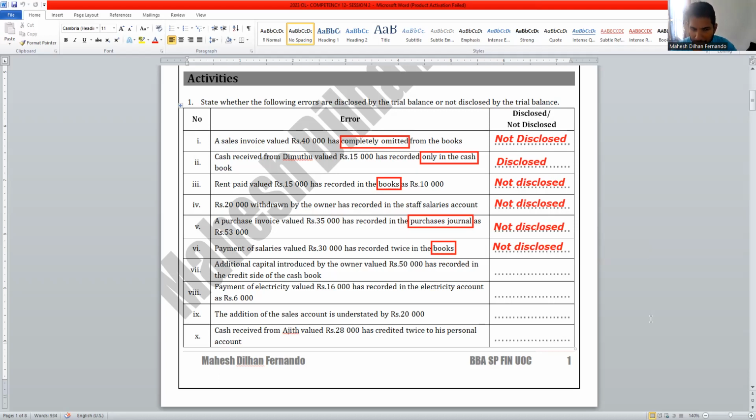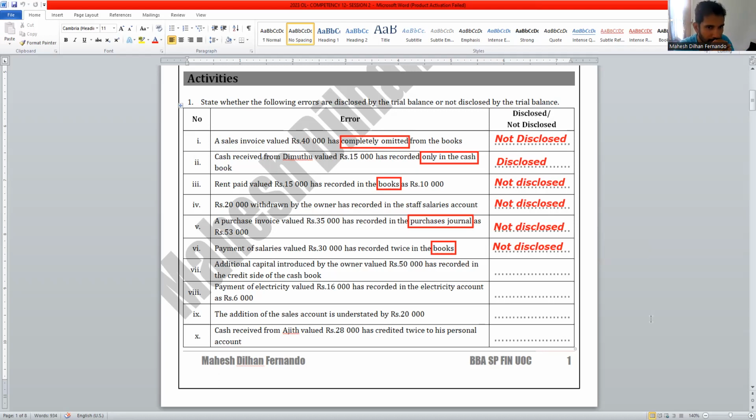Look at the next one. Additional capital introduced by the owner valued 50,000 has been recorded on the credit side of the cash account. When the owner has introduced capital, how is it recorded in the books? Cash debit, capital credit.